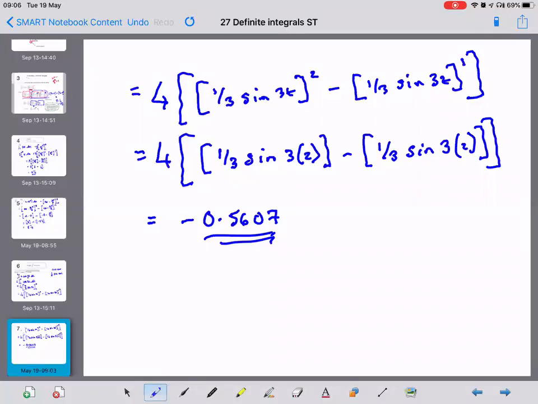I've just got 0. What have you put in your calculator? That's a third. That's 4 overall. A third sine 6. Third times sine 6. Take away a third times sine 3.